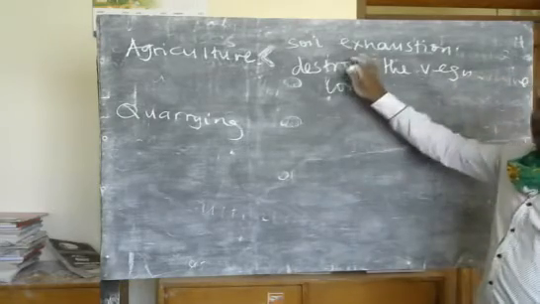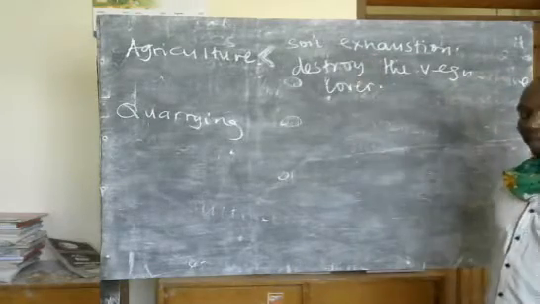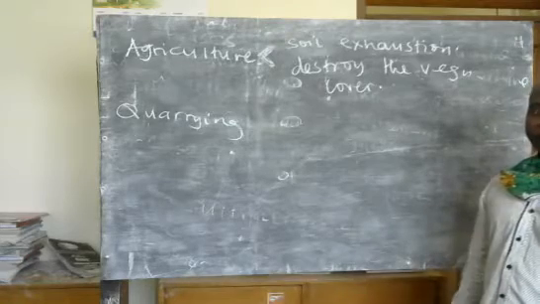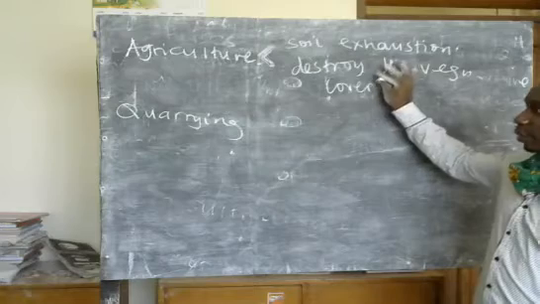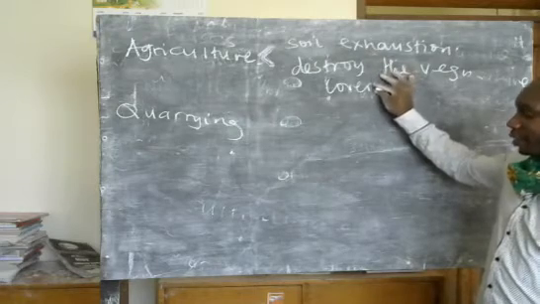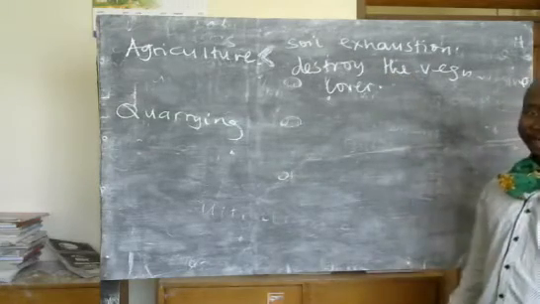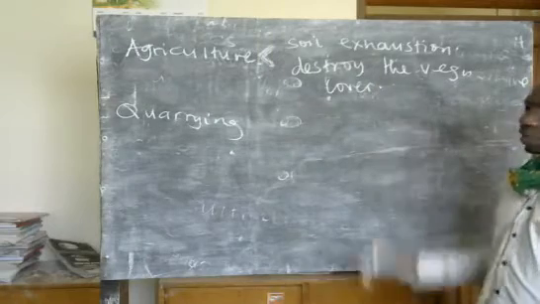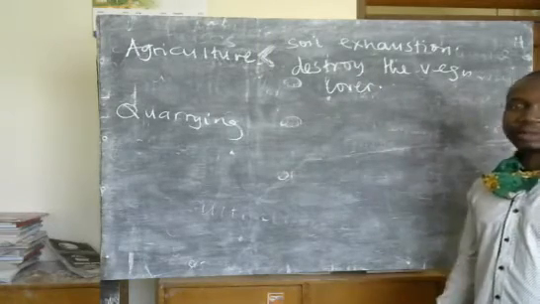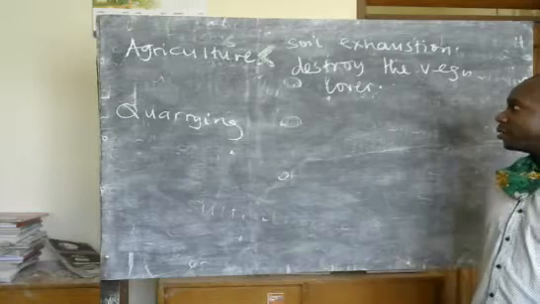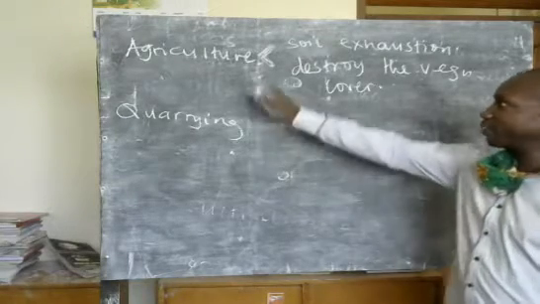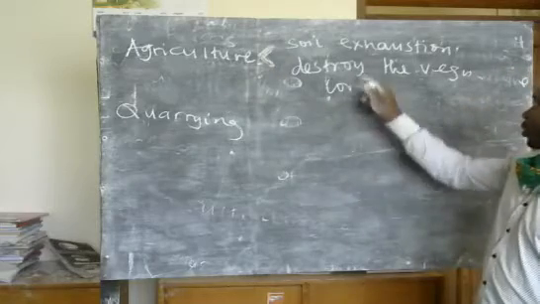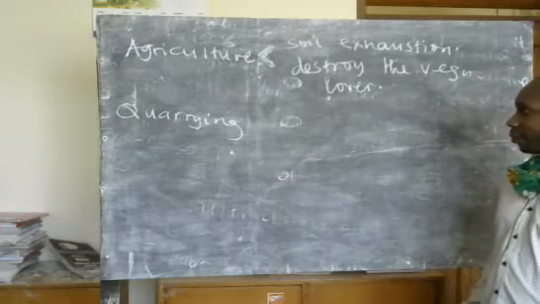If I want to expand, for example, the size of my farmland, I'm going to clear the vegetation, I cut the trees, and after cutting the trees, I plant the crops. Are you seeing that I'm destroying the vegetation cover because I want to expand the size of my farmland? Agriculture may destroy the vegetation cover.